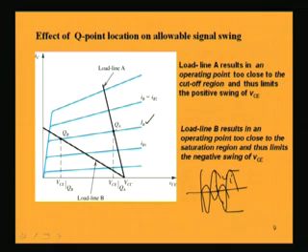Now, when I have different Q points, suppose load line A has this Q point QA, and for that Q point QA I have the collector to emitter voltage VCE.